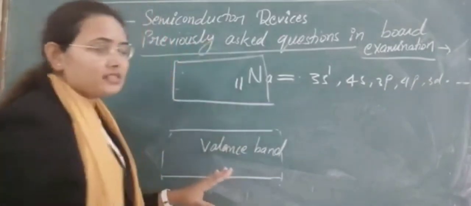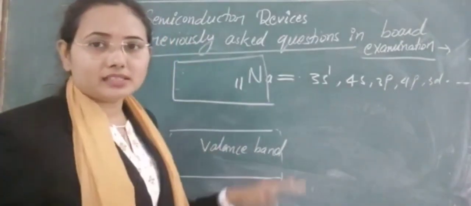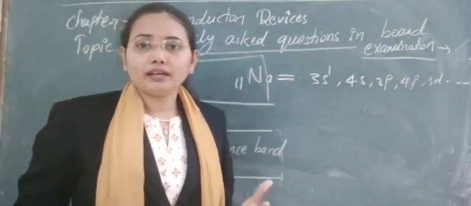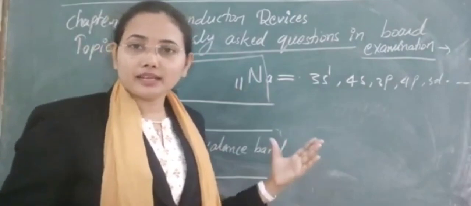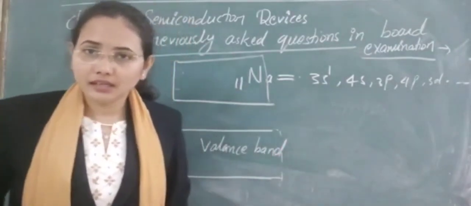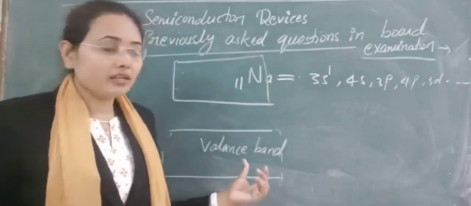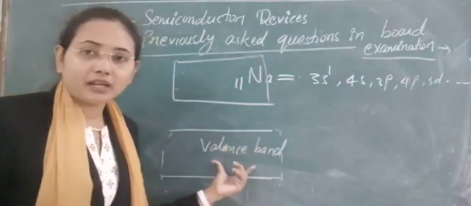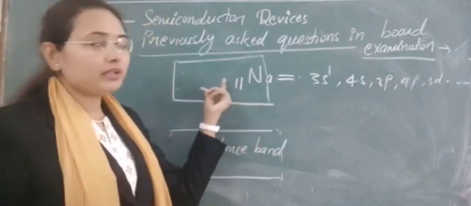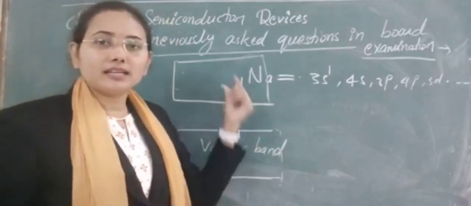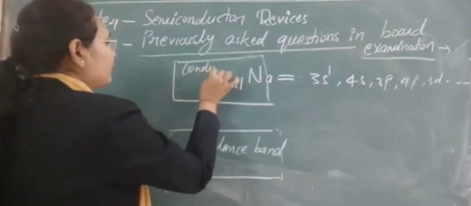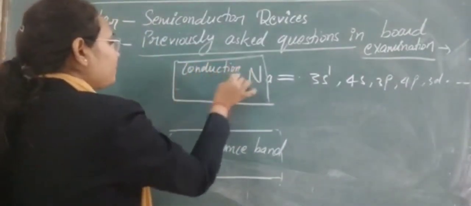This is the valence band, in which electrons exist at normal temperature, in normal condition. Obviously electrons have a tendency to be in equilibrium, in the ground state, so they will always lie in the valence band, and whenever they get any energy from outside, they will excite to this excited state, and we know this is the conduction band.